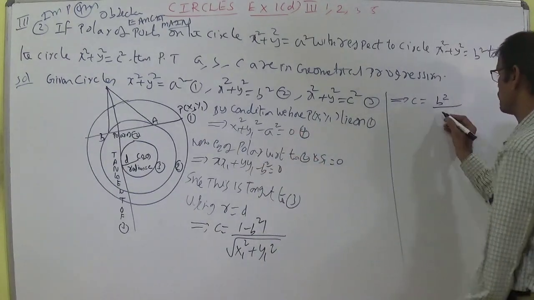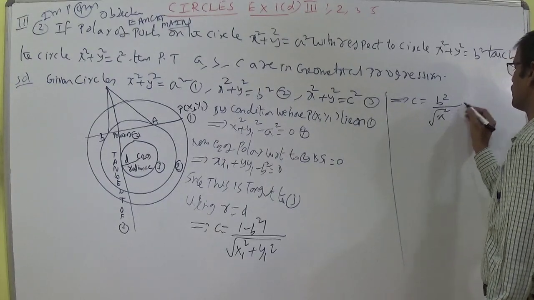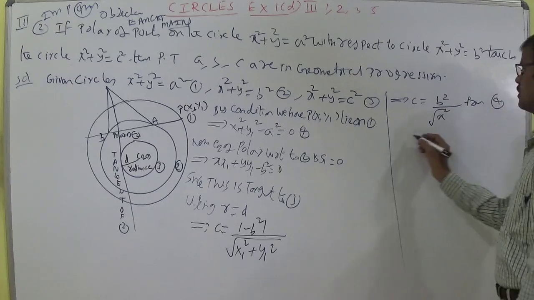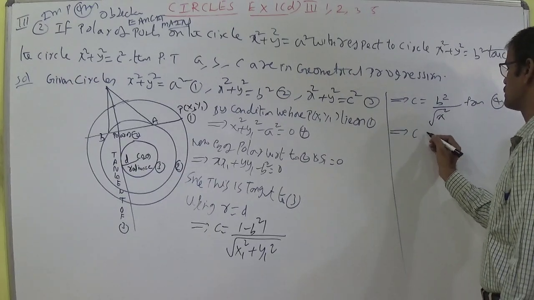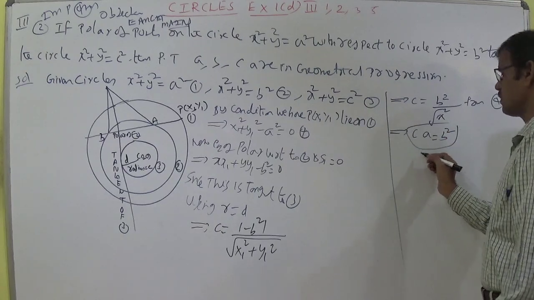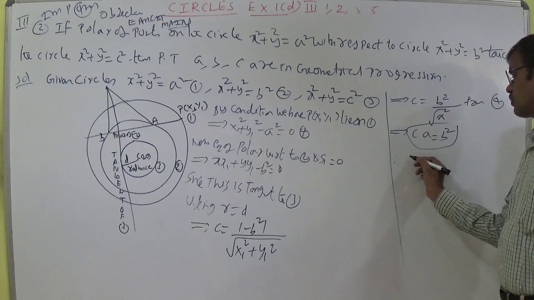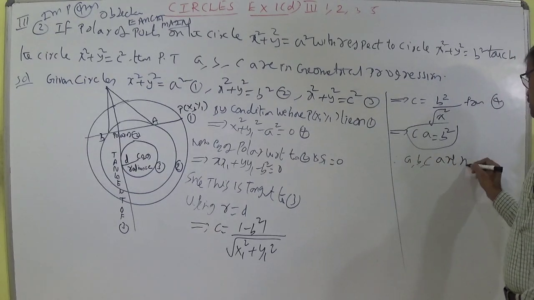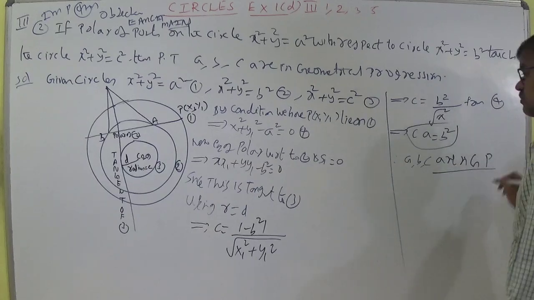It is equal to a square. So root a square, you write; if you are having any doubt, check from the earlier step. That implies now you can say c a is equal to b square. Therefore b square is equal to ac, so a, b, c are in GP, that is geometric progression.